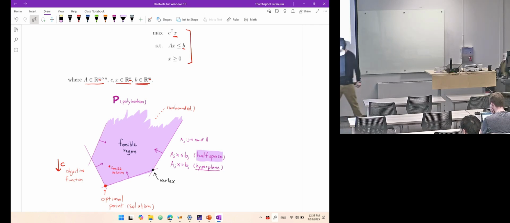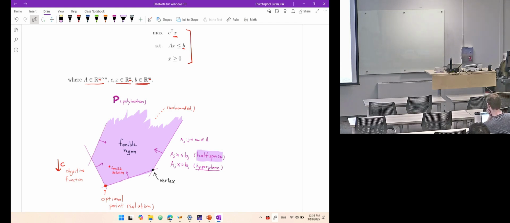When you look at at most b, you take one side of the hyperplane. In two dimensions, the hyperplane is just a line, and this is everything on one side of the line. It's a half space. You have several constraints and you need to satisfy every constraint, so it's an intersection of half spaces. This is the feasible region.